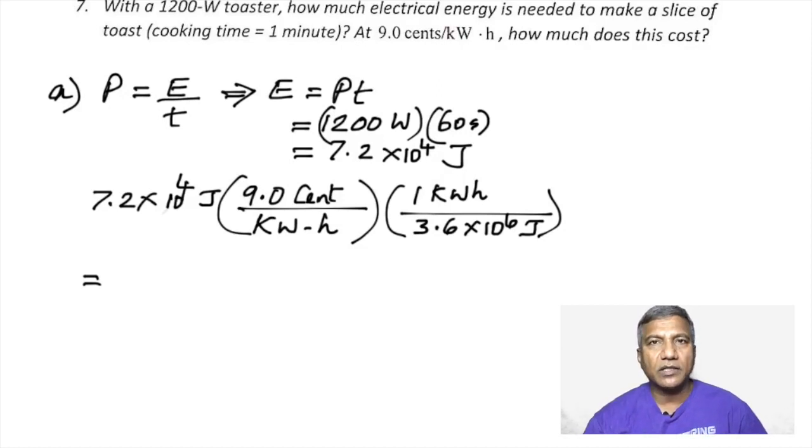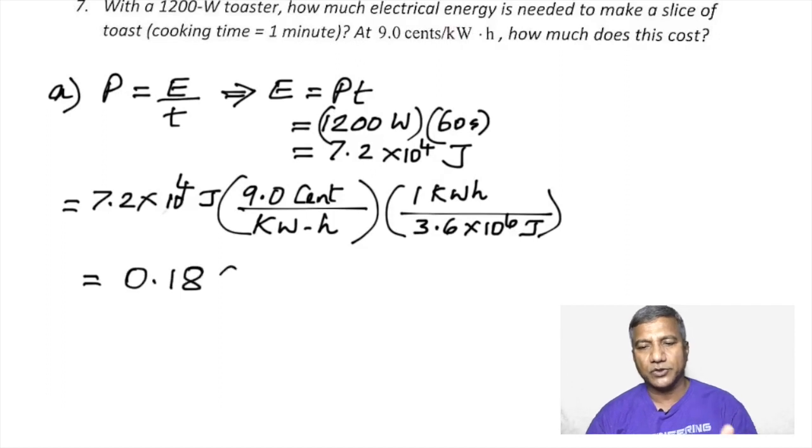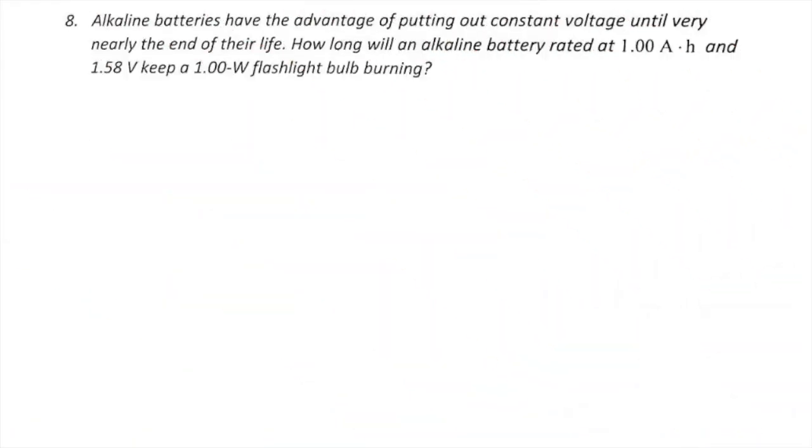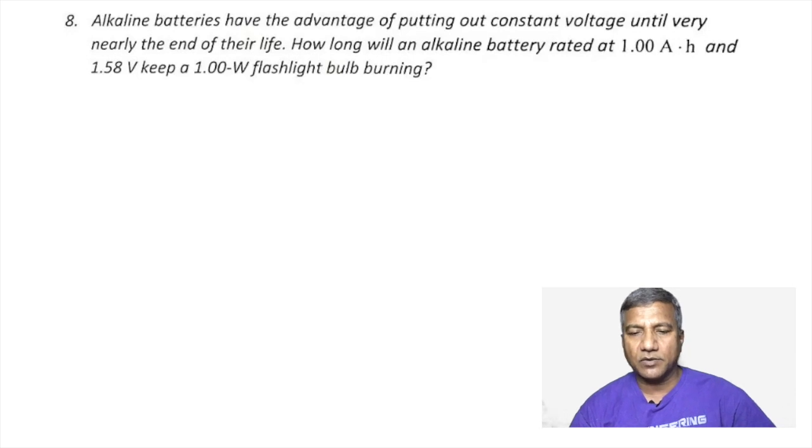So that's why it's 3.6 times 10 to the 6, which is the same as 3600 multiplied by 1000. All right, so that's how you change it. So when you do the calculations, you get 0.18 cents. That brings us to number 8.